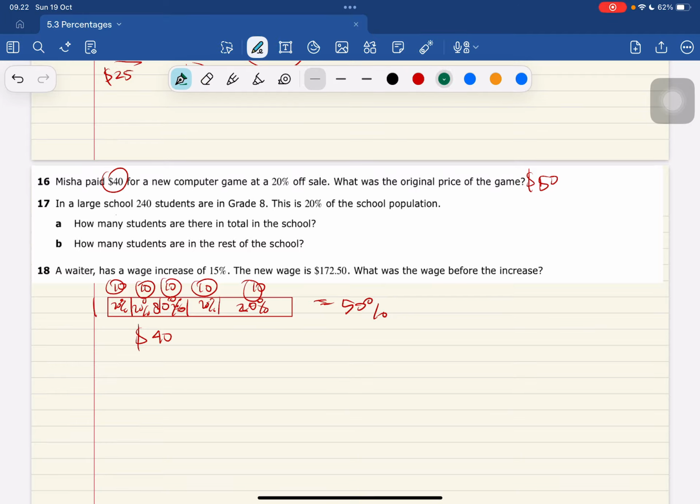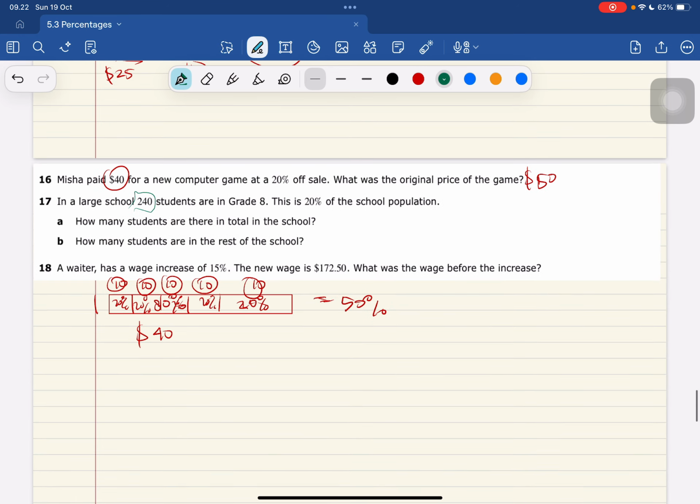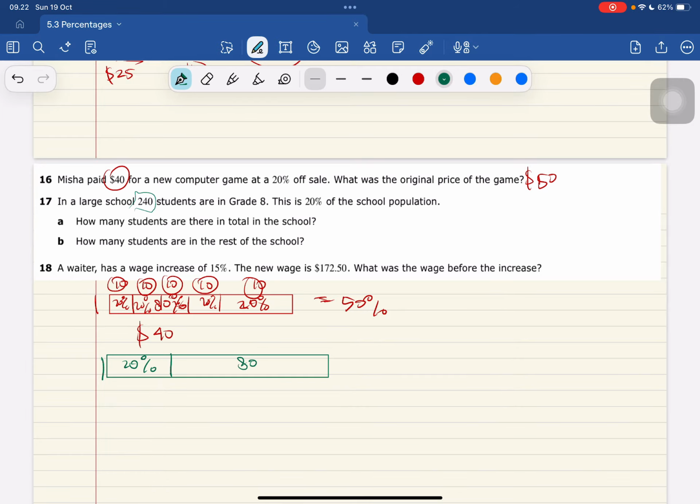Next, in a large school, 240 students are in grade A. This is 20% of the school population. How many students are there in total? Oh, 20%. So we can make it like this again. So 20%, this is 80%.